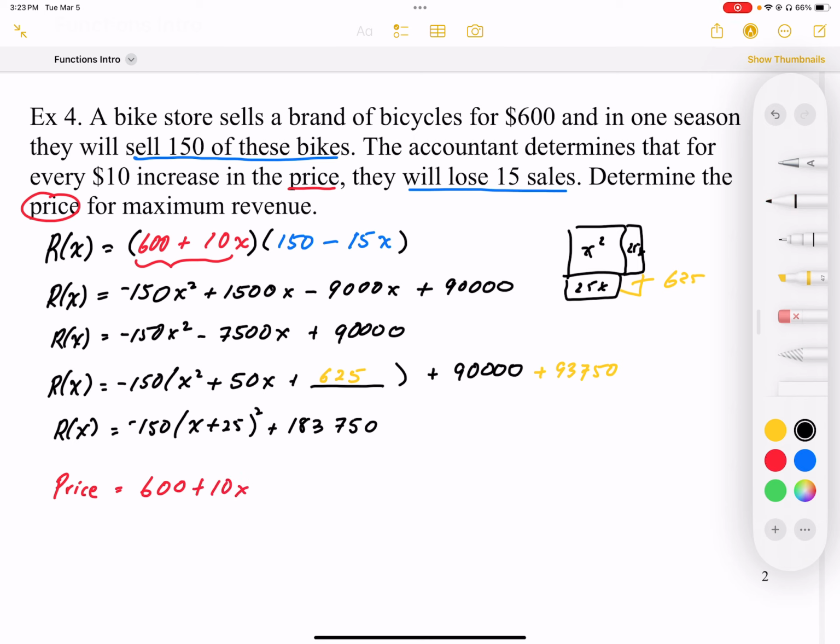Okay, we solve for x at the maximum. x is equal to negative 25 at max. So plugging in our negative 25, the price is equal to 600 plus 10 times negative 25. Okay, this price works out to be $350. Okay, so the best price is $350.